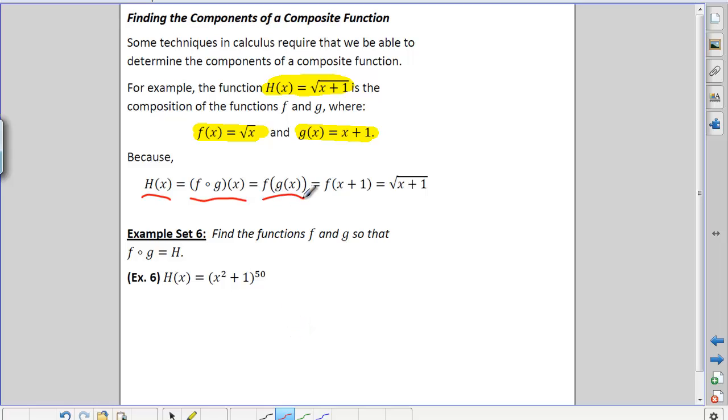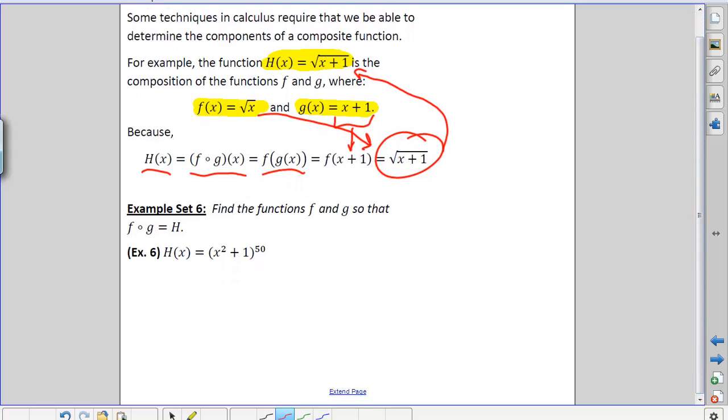Then if you actually do f of g of x, g of x is x plus 1, and then putting that inside f of x means you just take the square root of it, and you get the square root of x plus 1, which again is your h of x function. So you're finding two components of a composite function.